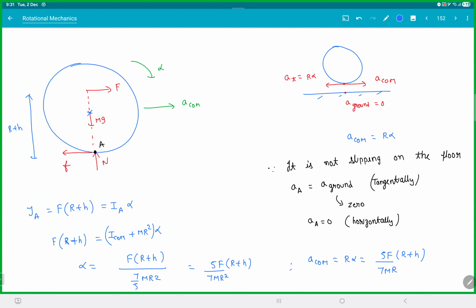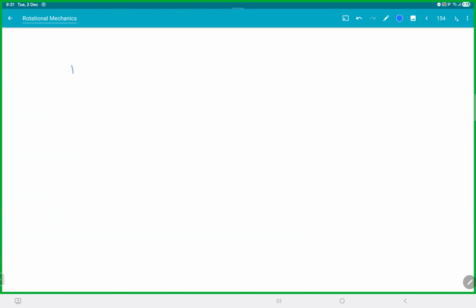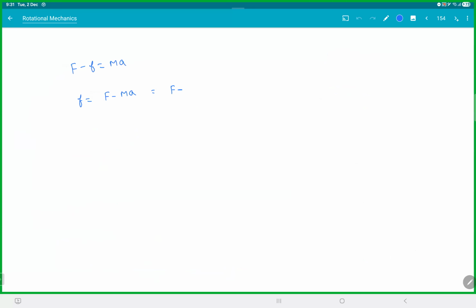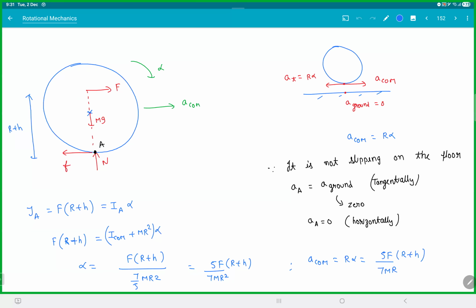Then what? Once you got a, you can get everything you want. F minus f is equal to ma. So we get friction is equal to F minus ma, which is F minus ma will be 5F times (R plus H by R) over 7R.